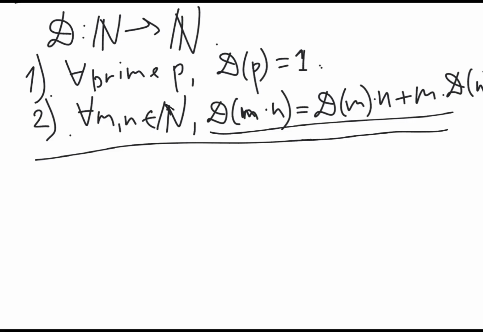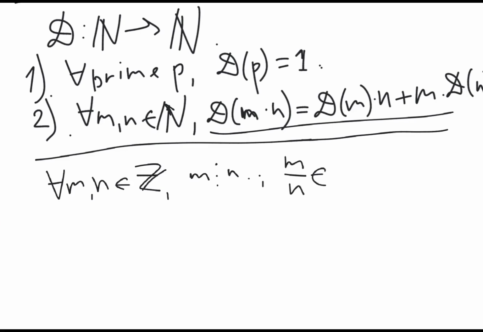Let's say that we took two integer numbers m and n such that m is divisible by n. Then m over n is also an integer.